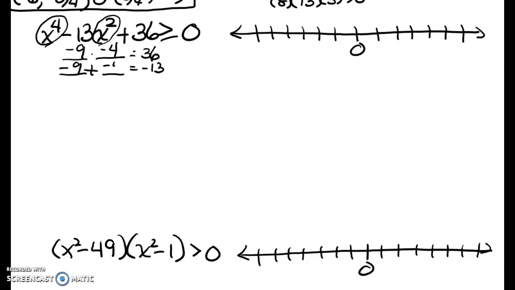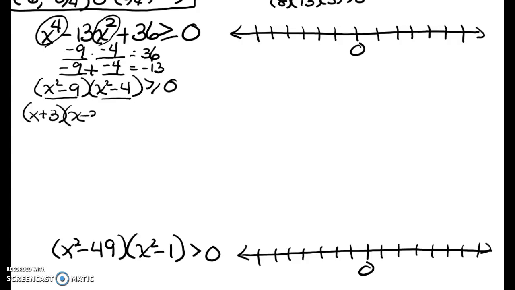So remember, I'm going to use the x squared: x squared minus 9, x squared minus 4 is greater than or equal to 0. And these are differences of squares, so I get x plus 3, x minus 3, x plus 2, and x minus 2 is greater than or equal to 0.